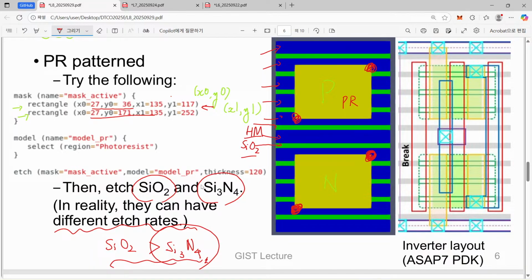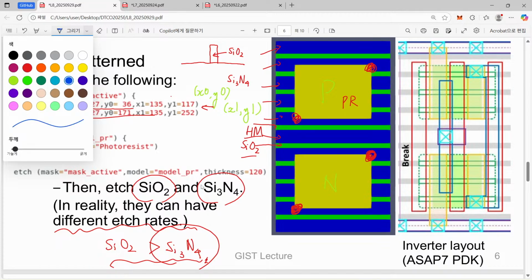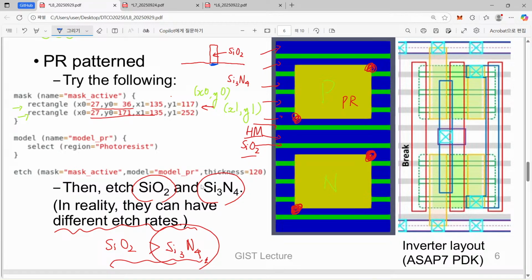So what we can expect in reality is, let me just draw this one. Now let's say this is the hard mask, and say this is corresponding to silicon dioxide. And if we perform the realistic etching process, let's say the silicon dioxide is gone, starting from the top to the bottom.